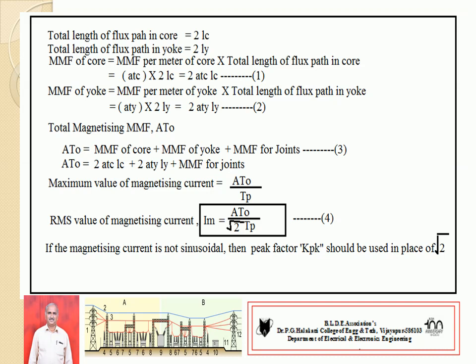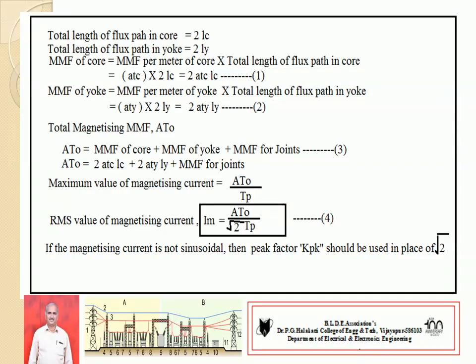Total length of flux path in core: it has two cores and the length of flux path is Lc, so the total length of flux path in core is given by 2 times Lc. Similarly, for the yoke, two yokes are there, and in one yoke the length of flux path is Ly, so 2 times Ly.